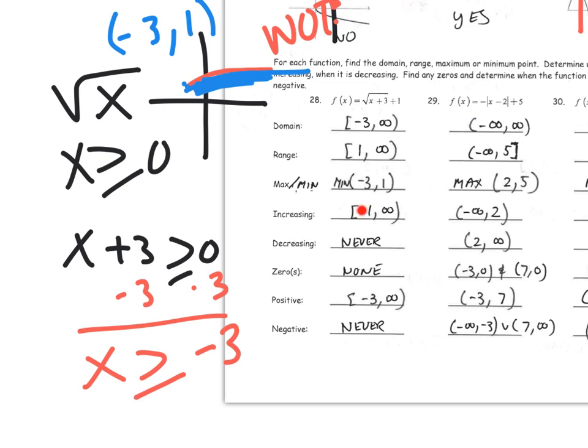Okay, so it's increasing, and it looks like this is wrong. This value should be right here. This is negative 3 on to infinity. Decreasing, well, it's never decreasing. It's always increasing. It never crosses the x-axis, so it doesn't have any zeros. It is positive forever from, again, negative 3 to infinity, so this increasing and positive should be the same, and it's never negative. Okay?